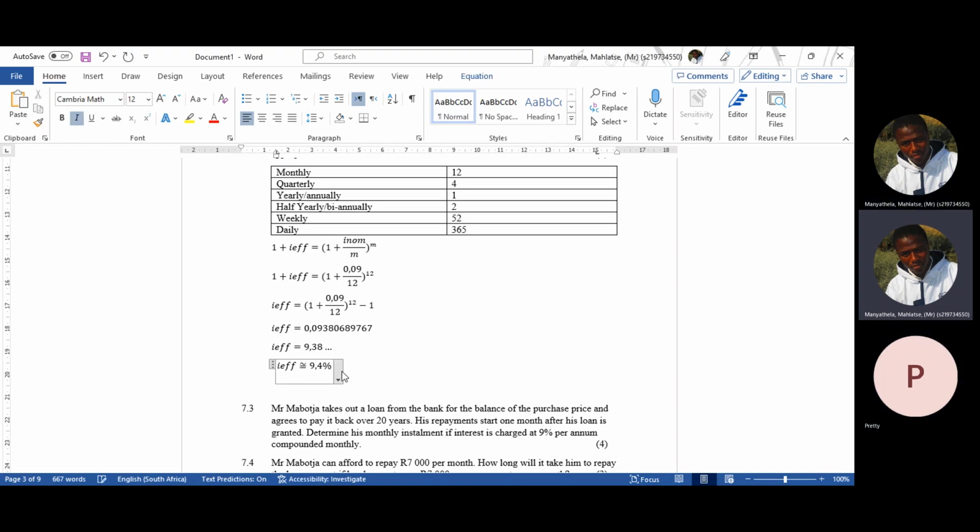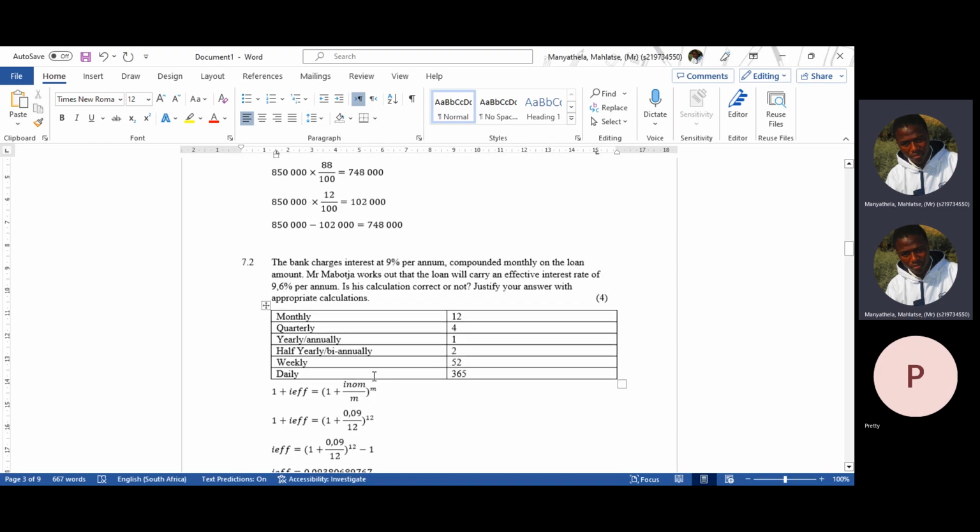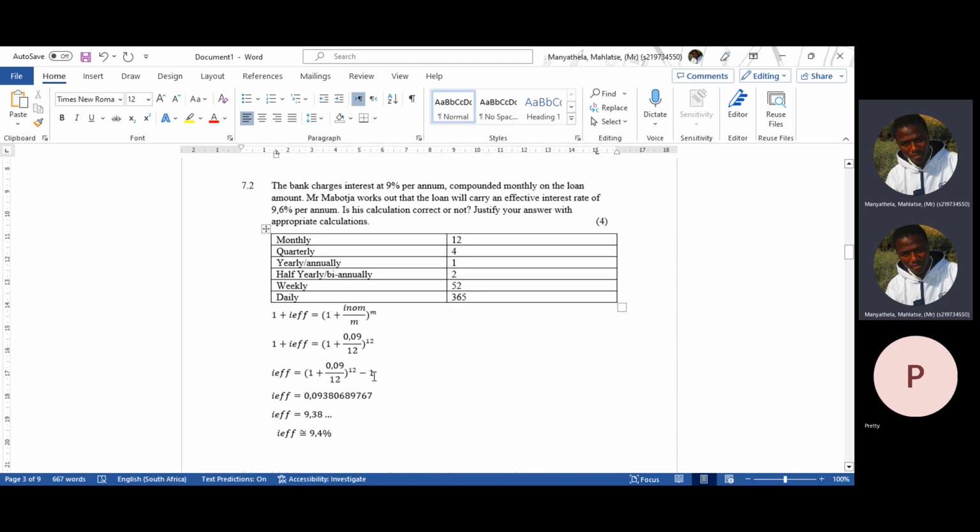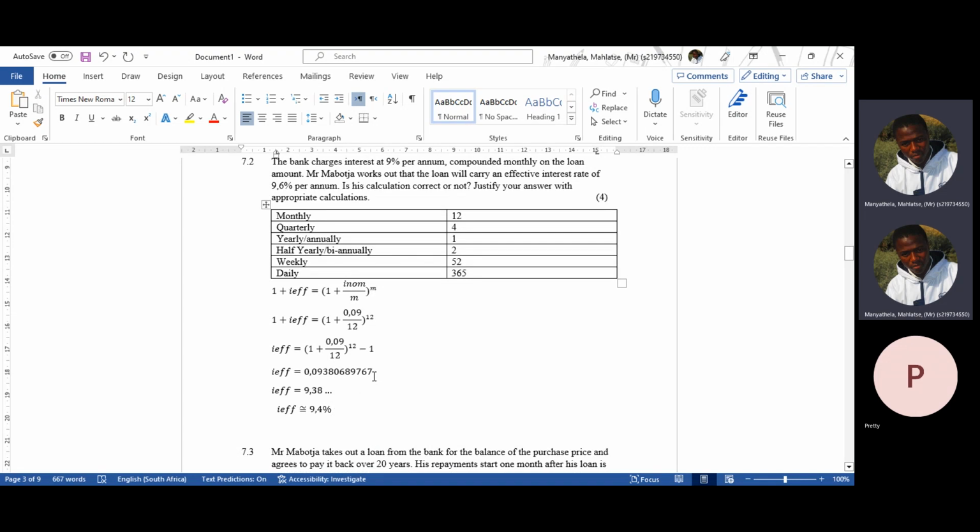So that equals your answer: your effective interest rate is 9.4%. But the question was not saying calculate the effective interest rate. It said Mr. Mabuja works out that the loan will carry an effective interest rate of 9.6% per annum. Is this calculation correct?